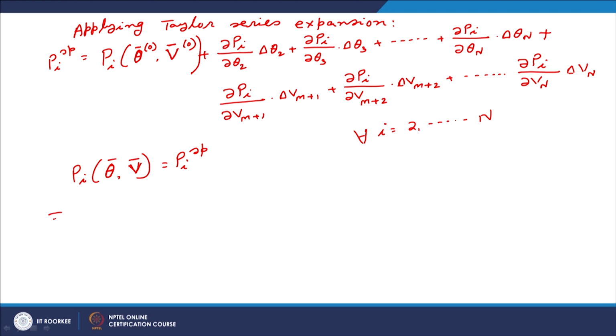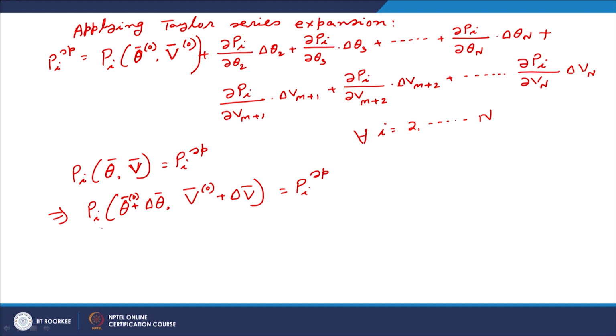Therefore, I get Pi at theta naught plus delta theta, v naught plus delta v, equal to Pi specified.